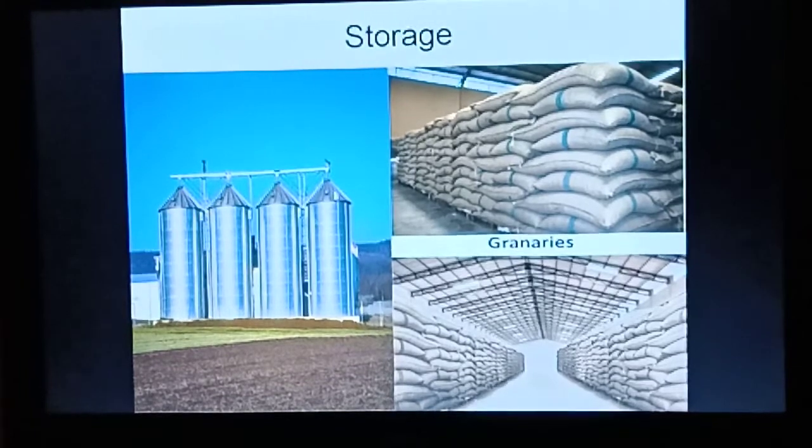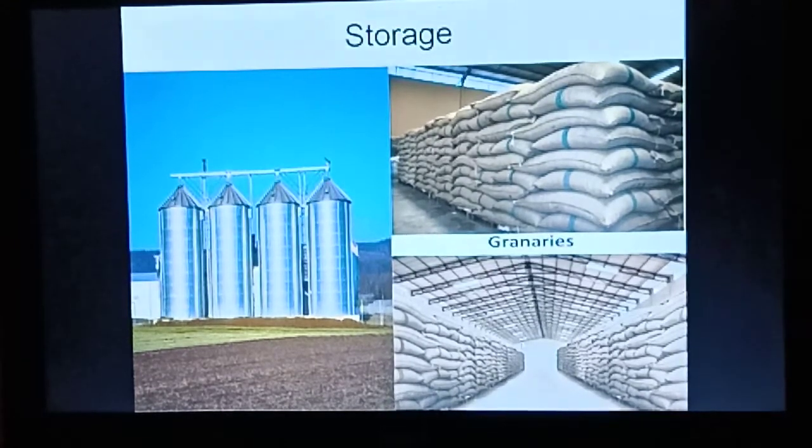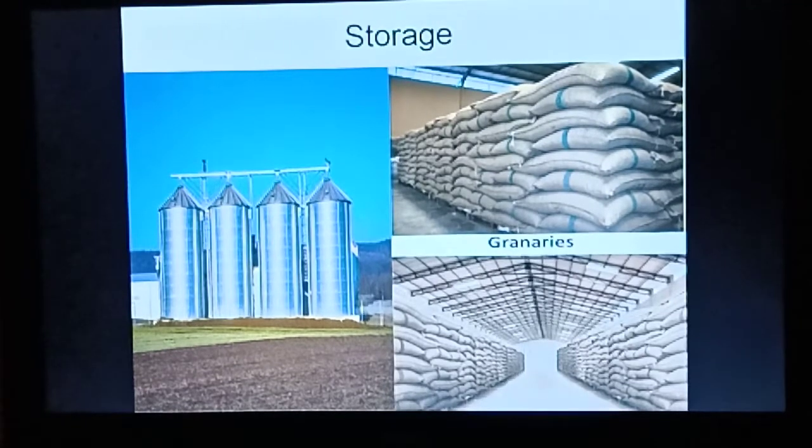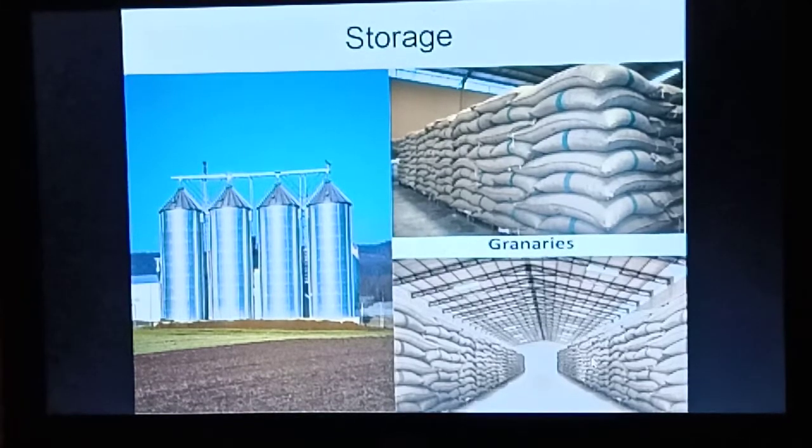Silos are big tanks in which the government puts its grains, and some people also have these silos. And here these are granaries, godowns. Many people take from here, and these are also the godowns of granaries.